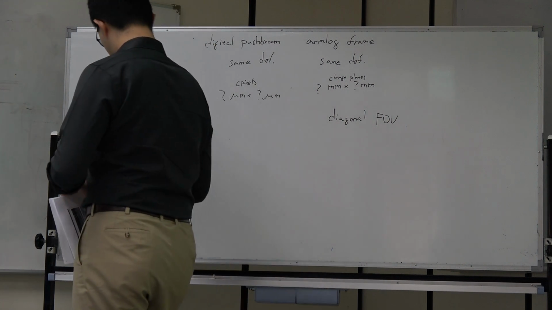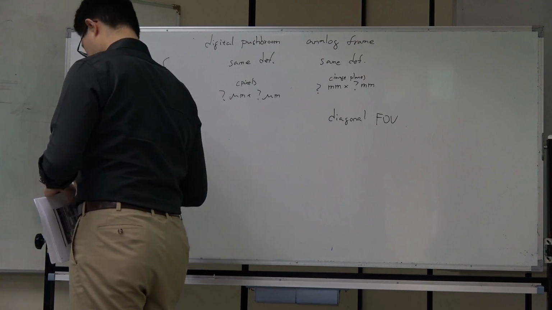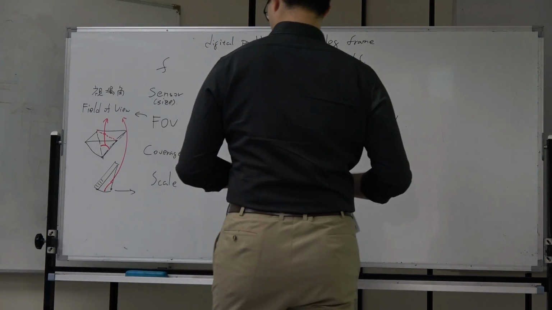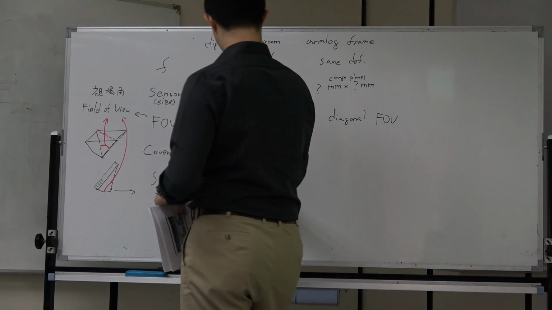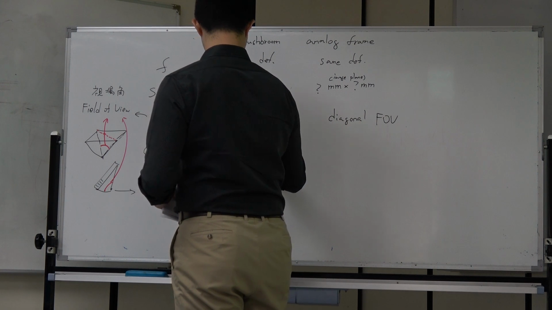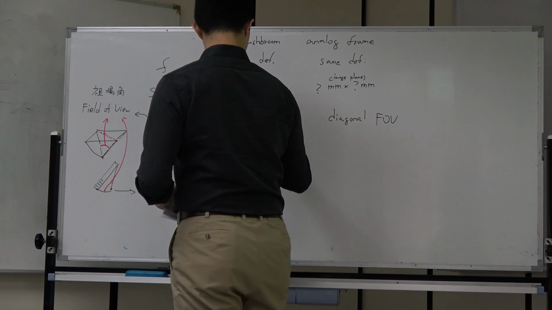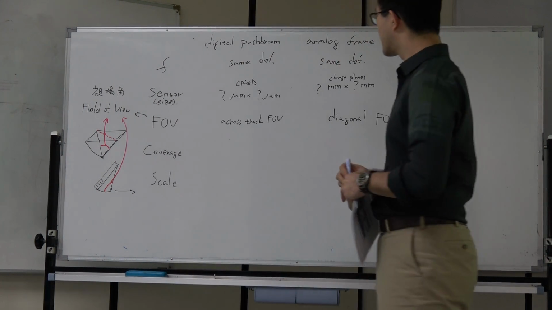And you have a flight trajectory. So in this case, this is the across track FOV.